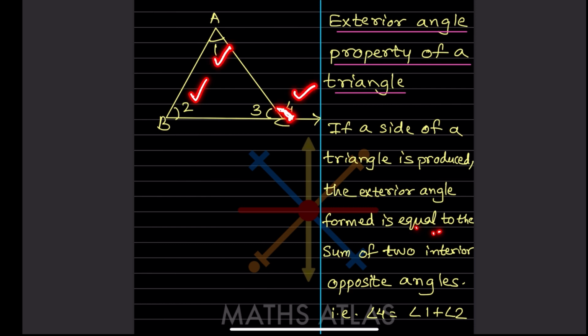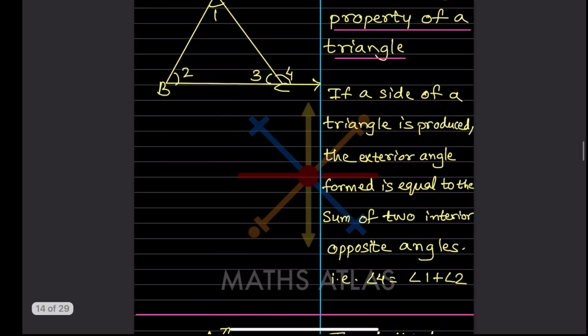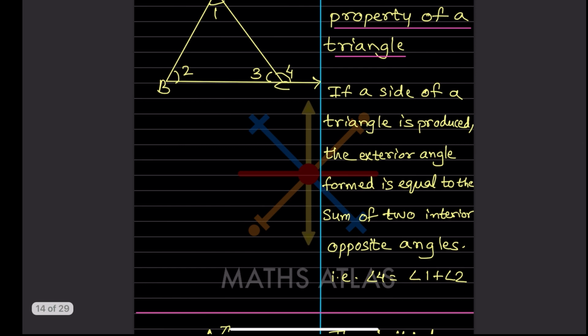Suppose this is 30 and this is 45. You add both, and 75 will be the exterior angle. So if a side of a triangle is produced, the exterior angle formed is equal to the sum of the two interior opposite angles. So angle 4 is equal to angle 1 plus angle 2. So you have to add both. This is important.